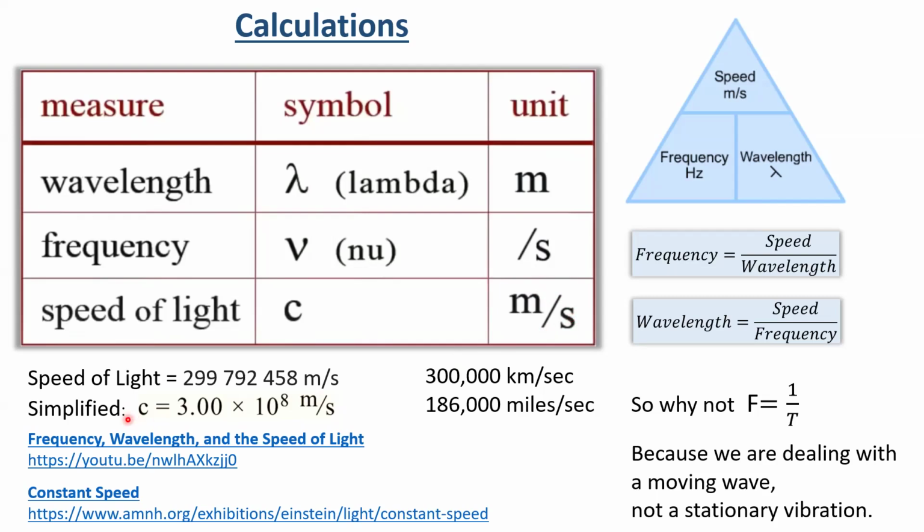The speed of light in a vacuum is considered to be 299,792,458 meters per second, which sometimes is rounded up in certain calculations to 300,000 kilometers per second.